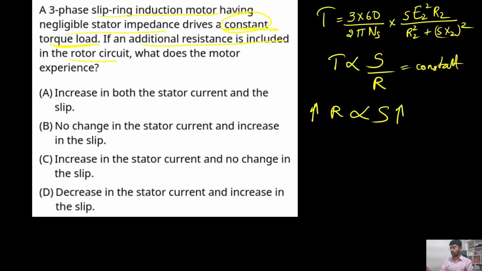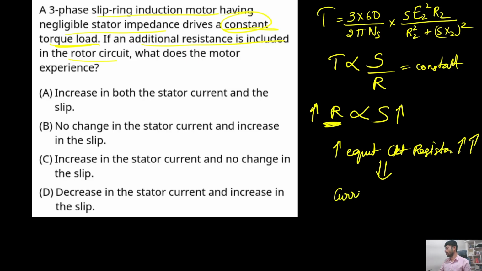And as the rotor resistance has increased, the equivalent resistance of the circuit also increases, which means the current decreases. Okay, so slip increases and current decreases.